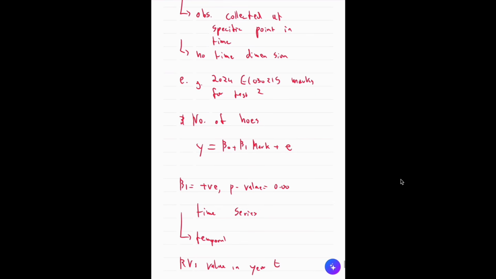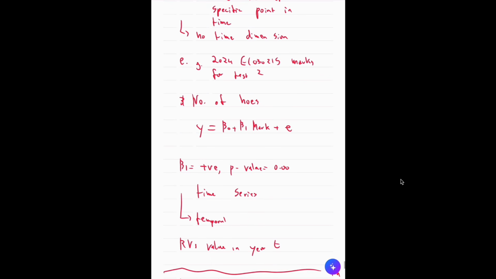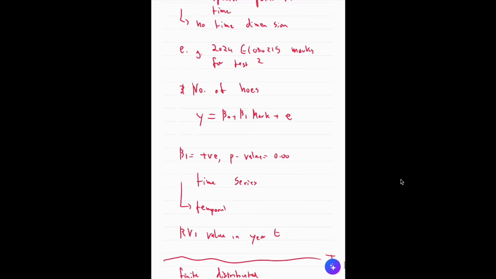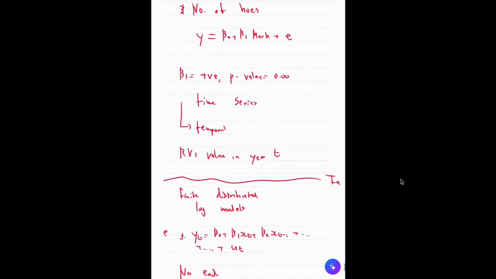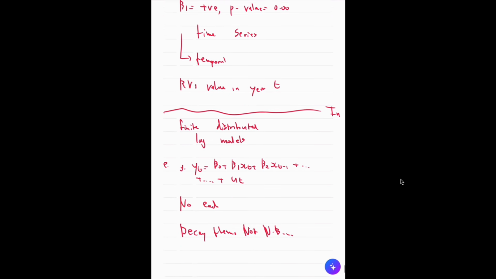Or say you modeled something on cross-sectional data: you took a bunch of people, so y is your dependent variable, the number of hoses they have, gardening equipment, is equal to a constant plus a coefficient times the mark they get for this course plus an error term, right? So obviously here, what we're used to seeing is that your coefficient beta 1 would be positive, very statistically significant, so there's a huge correlation between the mark you get and the number of hoses you have.